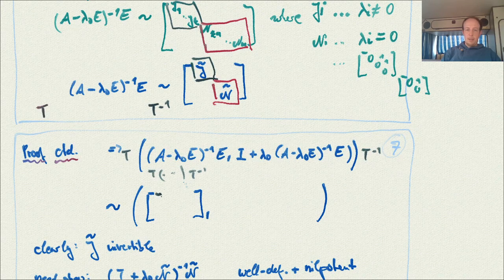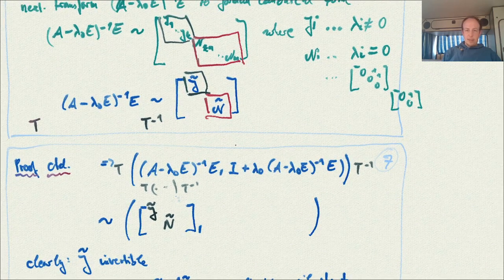So the first part will be this J tilde block and this 0 eigenvalue Jordan block. And there is this other matrix in this pair, and there also the T and the T to the minus 1 apply. In particular, the identity stays, and here we will have this lambda 0 T, then everything that was inside times the T to the minus 1, and what is inside is the same as it is here.